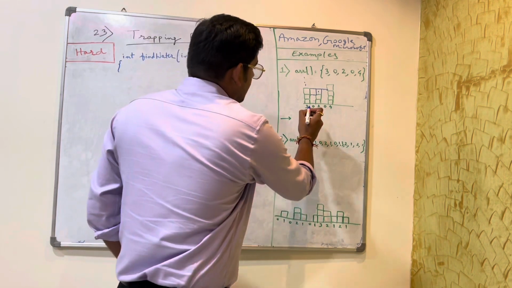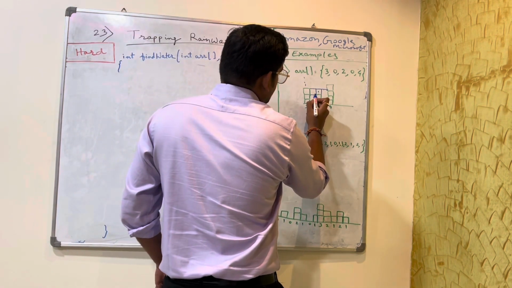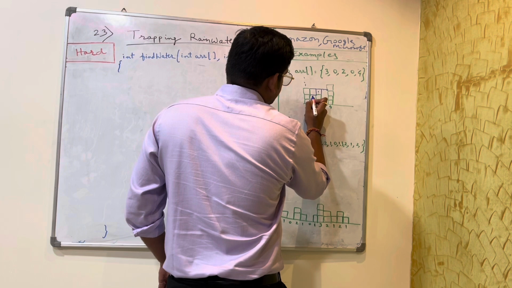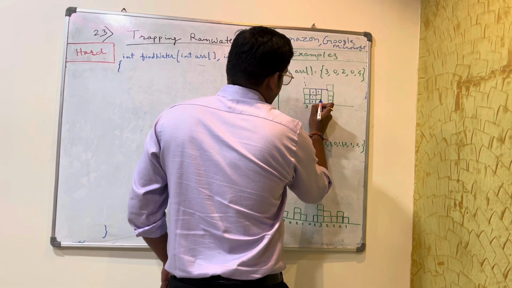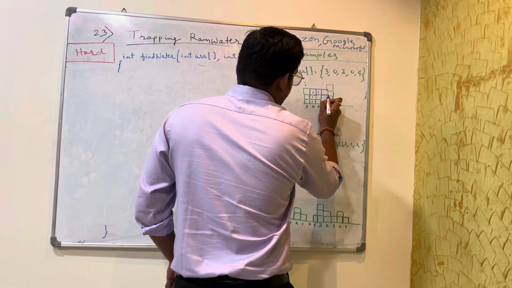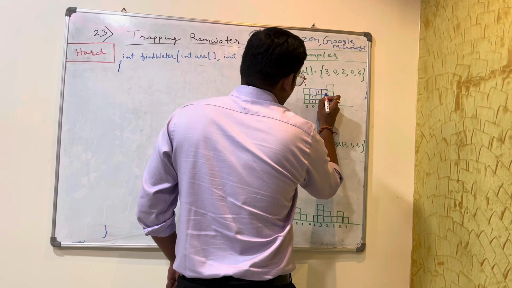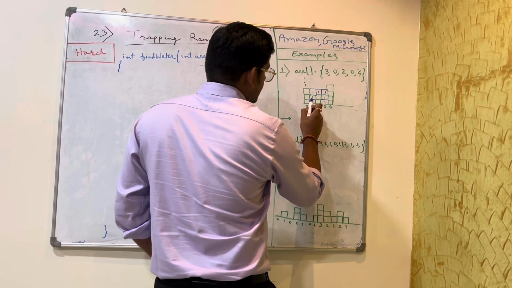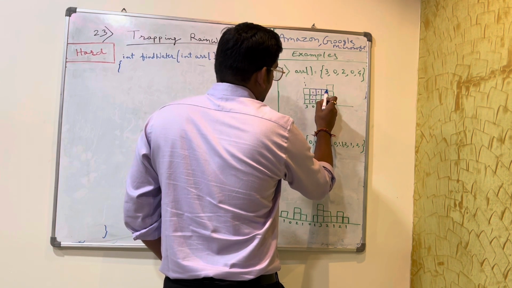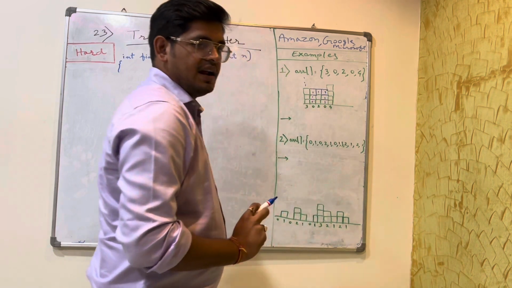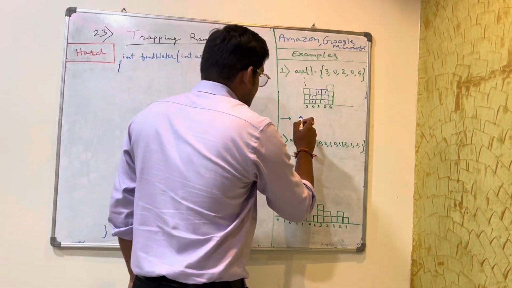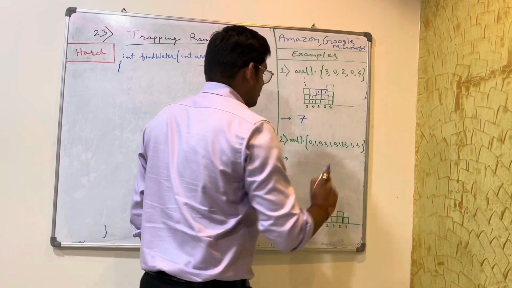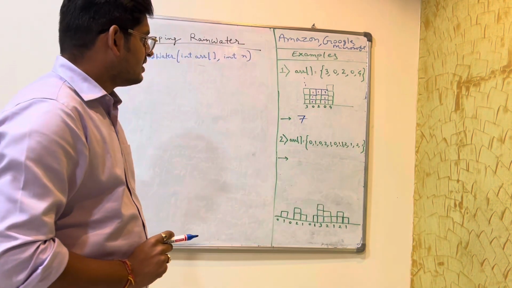Here the index value is 0, so it can take a height of 3, right? 1, 1, 1. Here it can take 1, and here also the value is 0, so it can take 1, 1, 1. In this way, you can see 1, 2, 3, 4, 5, 6, 7. This structure can contain 7 quantity of water.